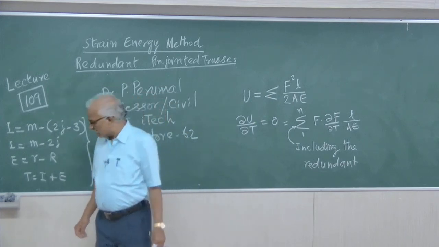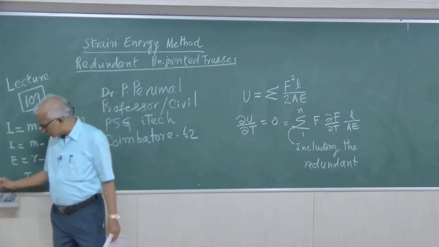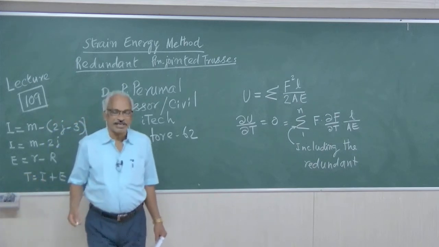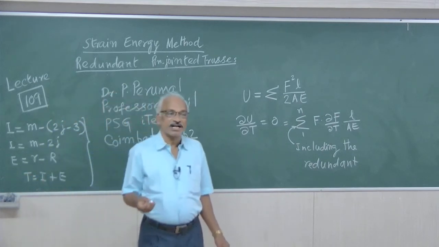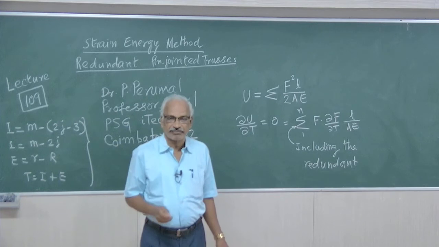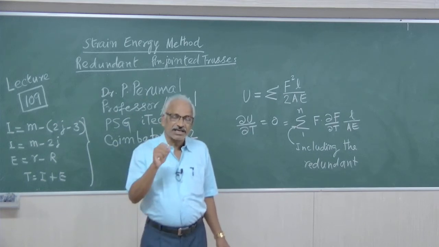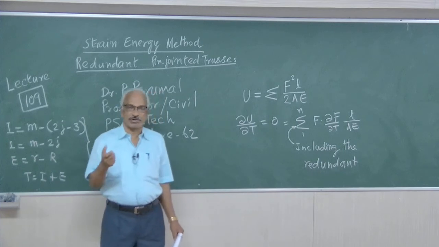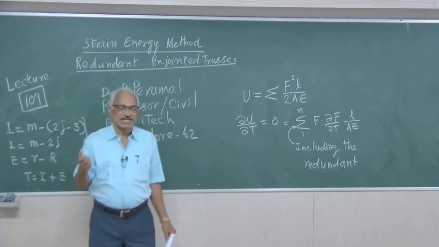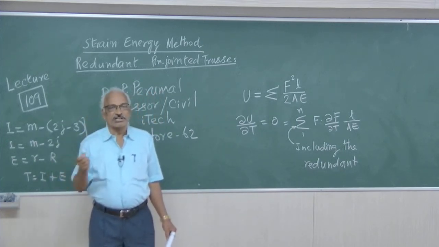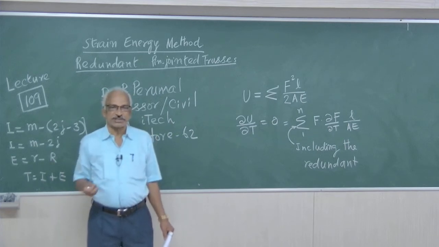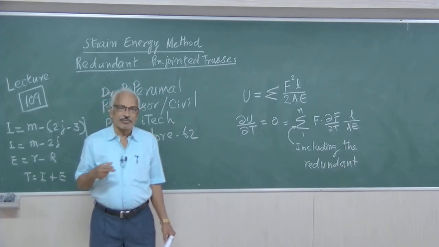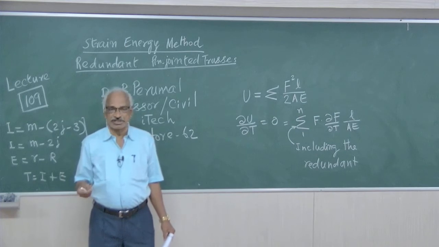So to find out the degree of redundancy, a truss may be externally redundant or internally redundant. Externally redundant means it has more reaction components. Suppose the truss is a continuous one resting on 3 or 4 supports, then there will be more reaction components.